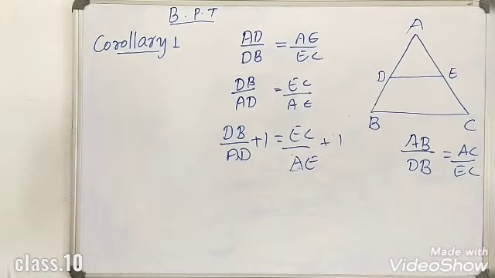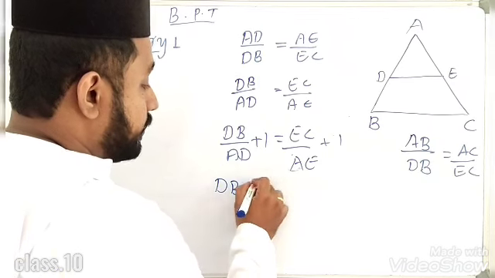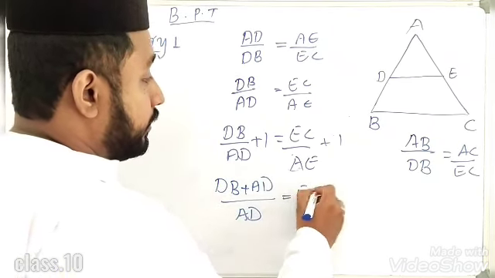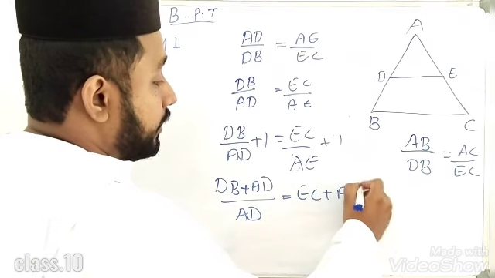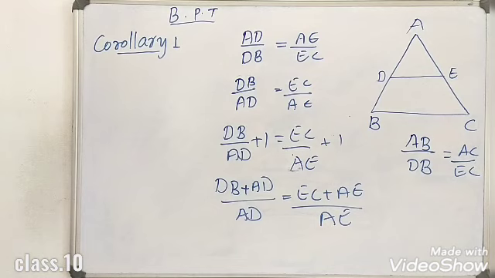Then simplifying the fractions, we get DB plus AD by AD is equal to EC plus AE by AE.